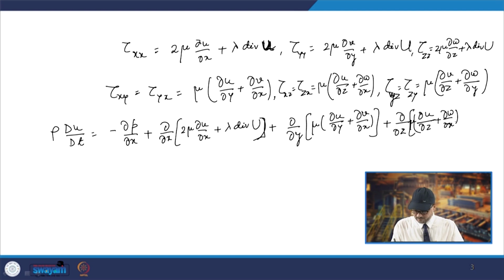These are the three terms, and then you had the source term, Sm x. So, this is what you get for the x momentum equation.